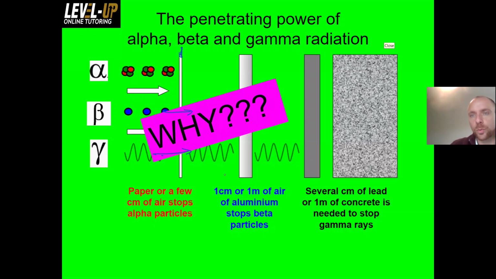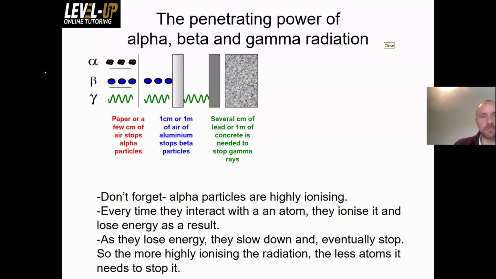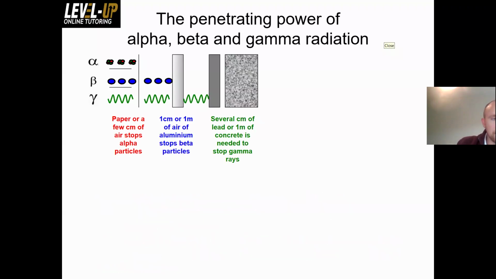Question is again, why? Why would that be the case? And to answer that, you need to think about the ionizing features again. So if we go back, here's a little summary of what we've got. Now, I'm going to just give the example of alpha, because it's the most obvious one to explain.